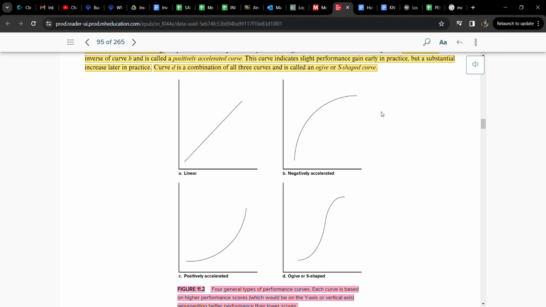And so we have linear improvement, which is as time goes by, your improvement goes up. We have negatively accelerated, which says as time goes by, initially you have lots of learning, you learn a ton, but then eventually you kind of master the skill. And so your amount of learning and your amount of improvement kind of decreases as time goes on.